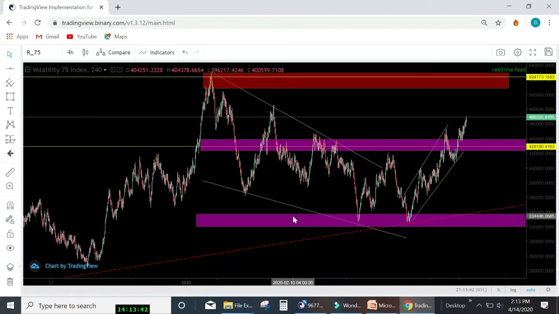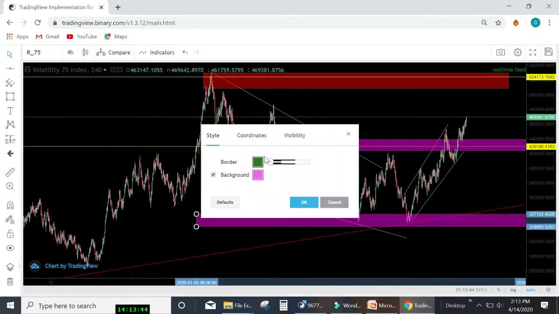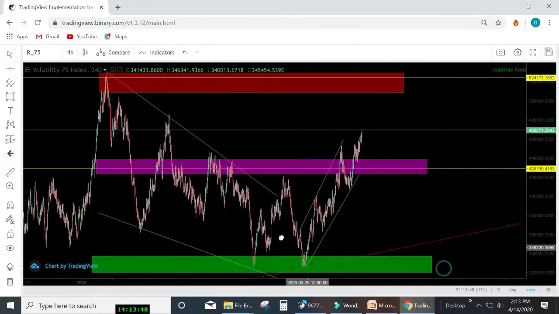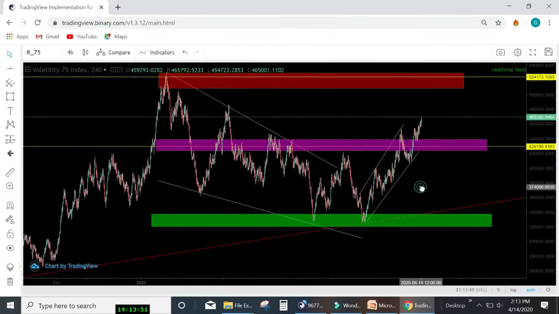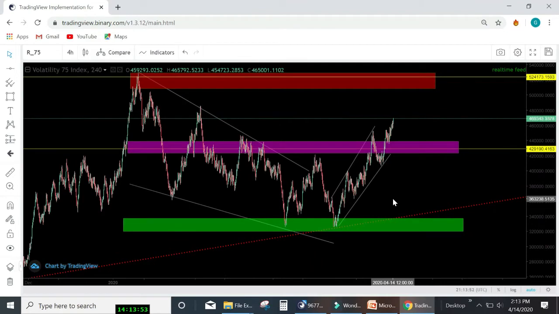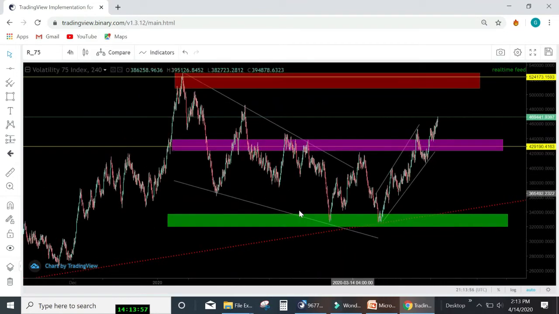So okay, let me change the color. I hope this is simple and understandable, and you can understand how I made this drawing.